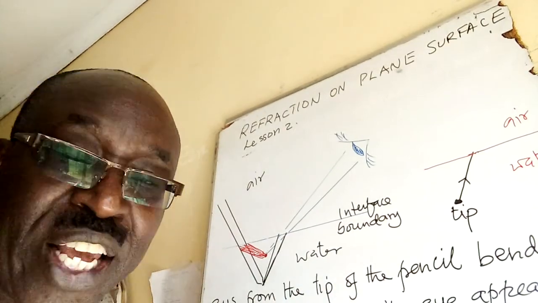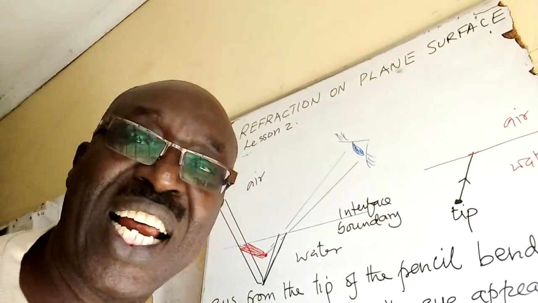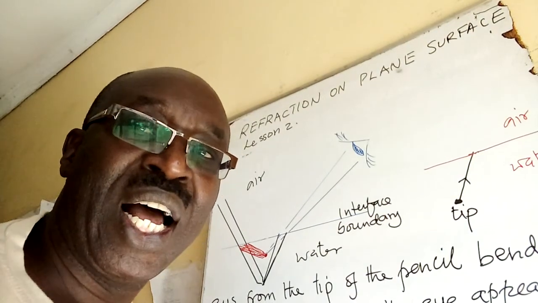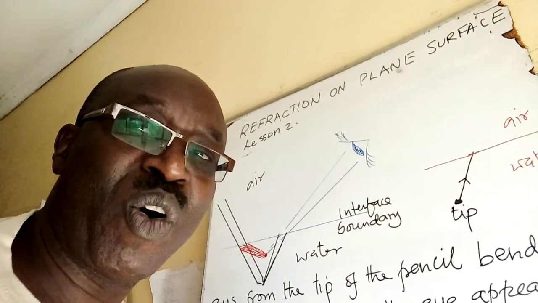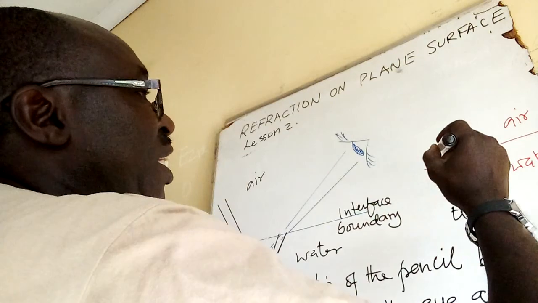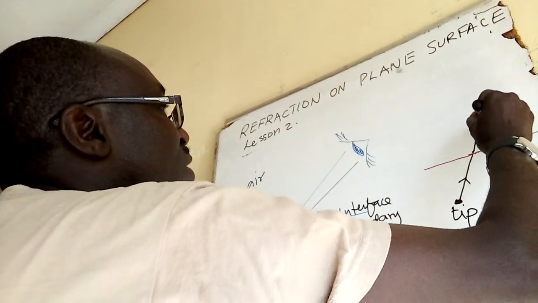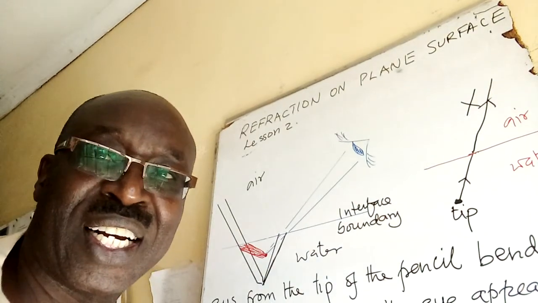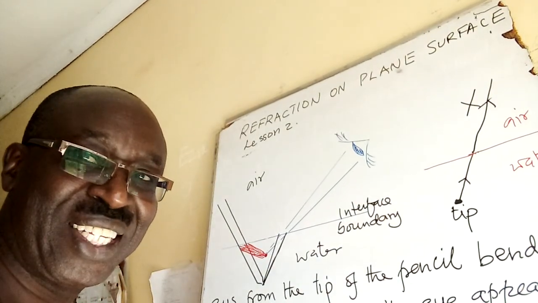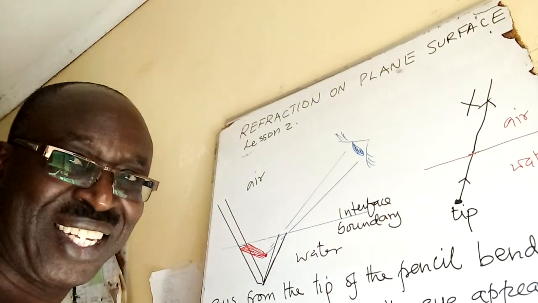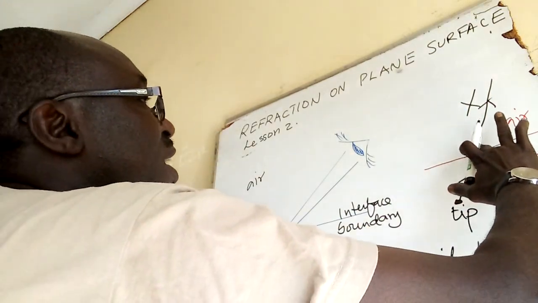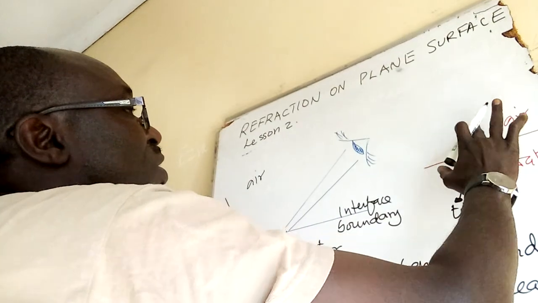So what are we saying? In a nutshell, we are saying because air and water are not of the same optical density, this ray cannot go straight. It has to bend. And that is the essence of refraction. So we are saying it cannot go straight.